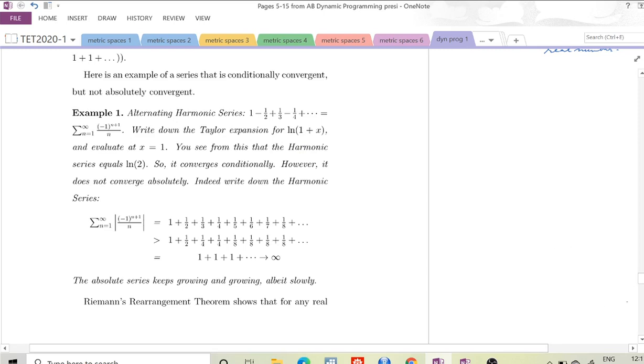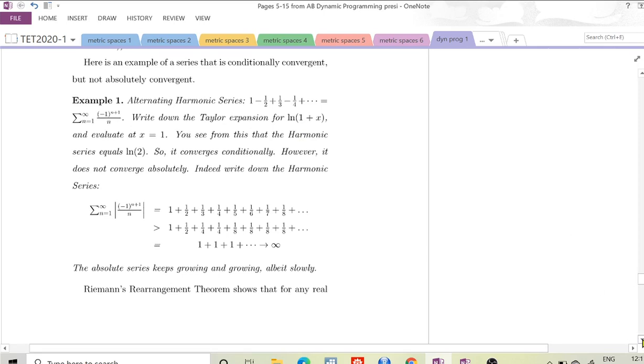And there's a famous theorem by Riemann called Riemann's rearrangement theorem, which shows that if you have these series which are conditionally convergent but they aren't absolutely convergent, then if I rearrange terms in the original series, like for instance, if I switch these two terms, etc. These are called rearrangements.